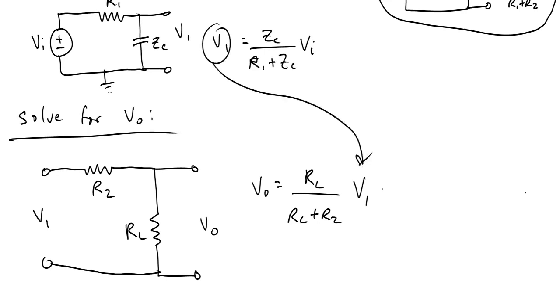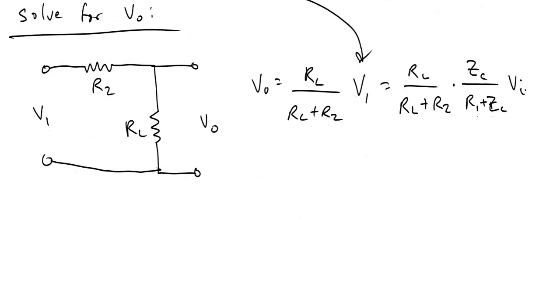That gives us RL over RL plus R2 times ZC over R1 plus ZC times VI. We're in a good spot here.